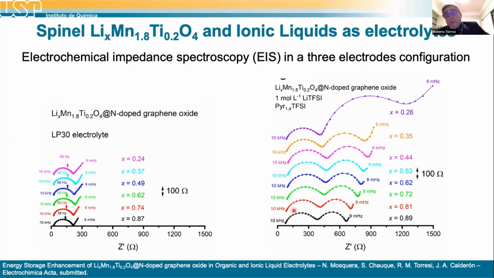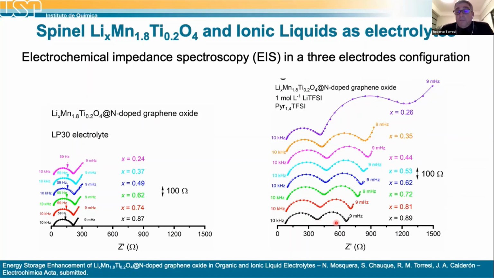When you go to ionic liquid, these processes are really two different time constants, and also you have a greater resistance here. So it seems that even though the SEI formation is thinner in the case of ionic liquids, it seems that it's more compact because the resistance is greater.